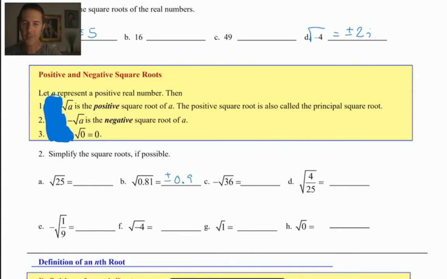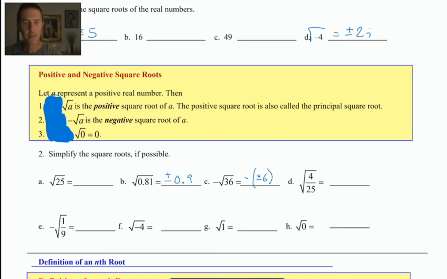Now, in part C, the negative is outside the square root symbol. We're not taking the square root of negative 36. We are negating the square root of positive 36. So maybe you're thinking, oh, that's interesting. The square root of 36 should be plus or minus 6. And then if we're negating that, does that mean the answer is negative or positive 6?